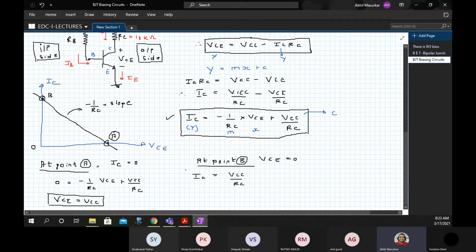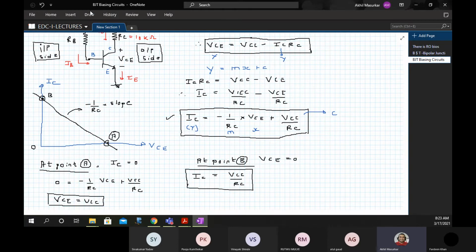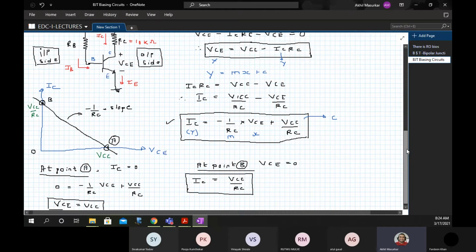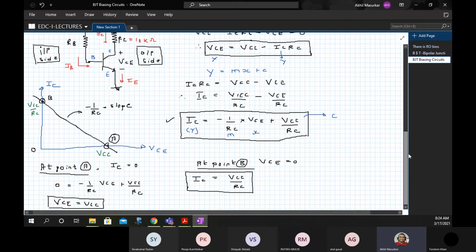So this intercept here is going to be VCC by RC, and here this is going to be VCC. Please draw this very carefully, and once you are done, just write done in the chat box.